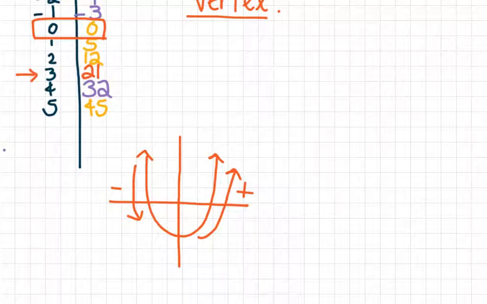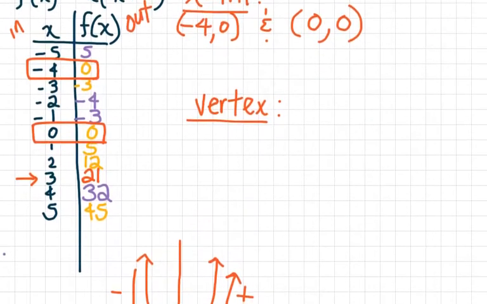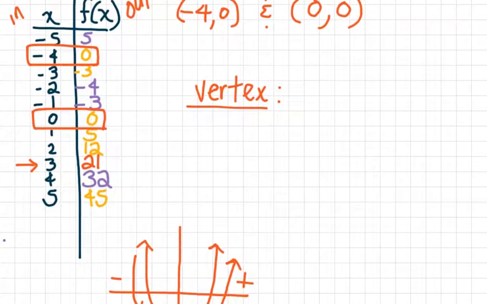In this particular case, the vertex is down at the bottom, where it changes direction, going from decreasing to increasing. So when you look at the table of values, look for where the function goes from decreasing to increasing. Take a moment and see if you can figure it out.